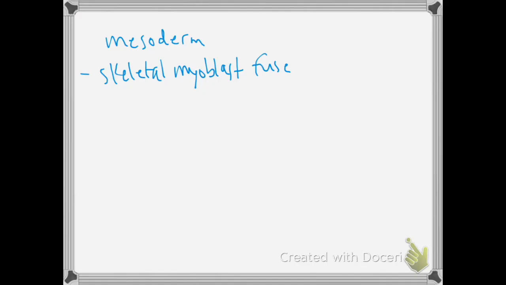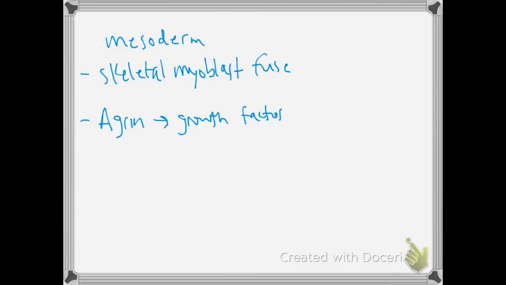And then the last thing we want to mention is this growth factor called agrin. So agrin is a growth factor. And growth factors, what they do is they tell the cell what to differentiate into. So this growth factor is going to say, turn into a skeletal muscle cell.